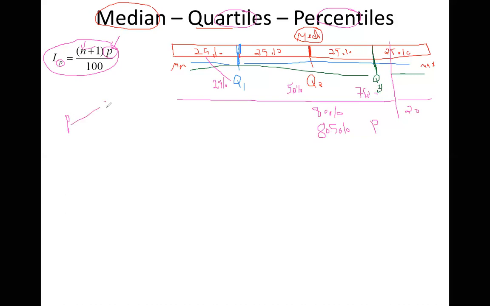P equals 25% if you are finding Q1. P equals 50% if you are finding Q2. P equals 75% if you are finding Q3, sorry, that was 2, not 3. And P can be any percent if you are finding a percentile. So that is generalized, but be careful: a percent that is less than, not greater than.